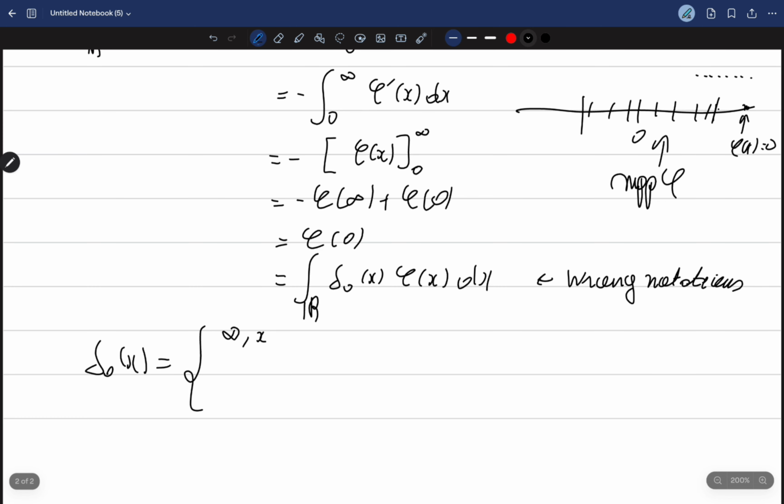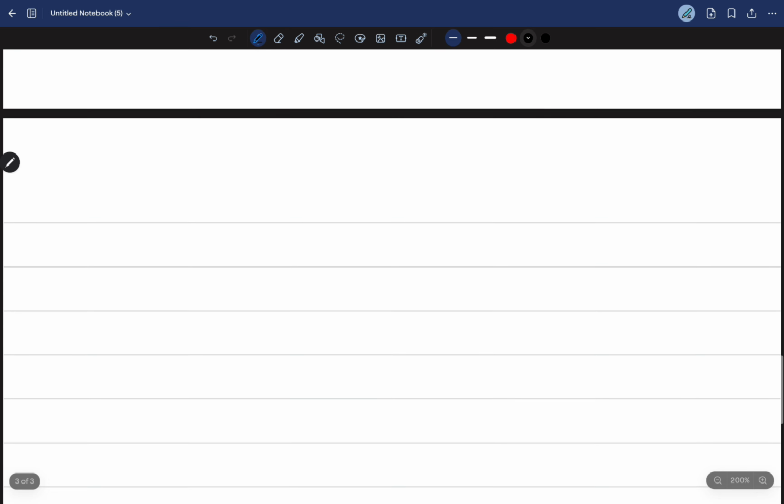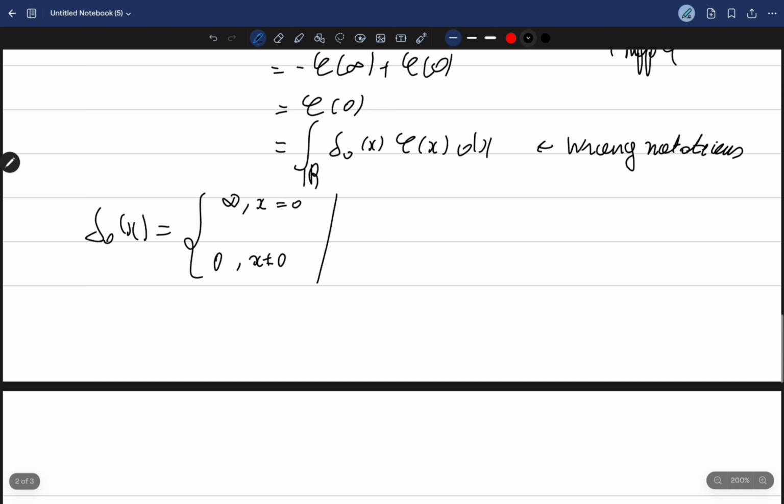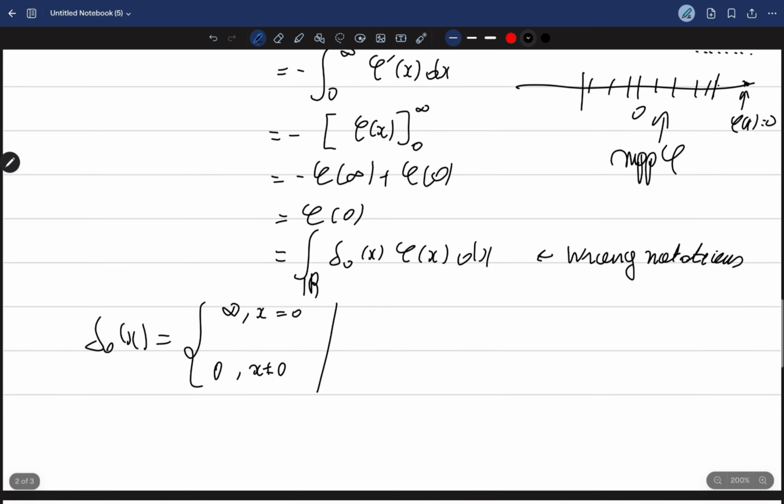It would be equal to infinity at x equal to 0, and 0 if x is different than 0. This is the definition that is used by physicists. Right, so that's the function.